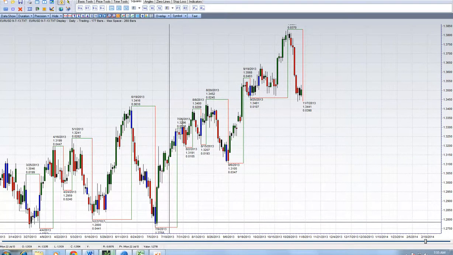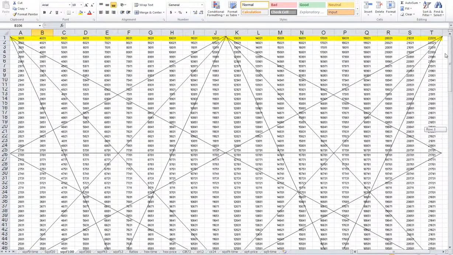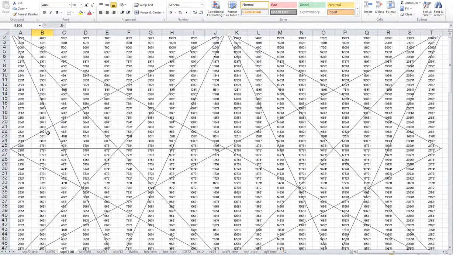The next chart I want to show you is my GAN master chart, and I wanted to show you the square 100. If you take the 20.41, that's the July 24th 2012 low, and you see where this thing topped out. It's interesting.